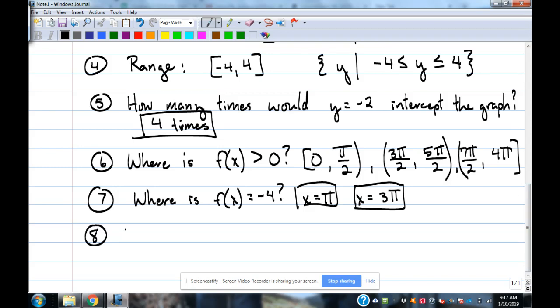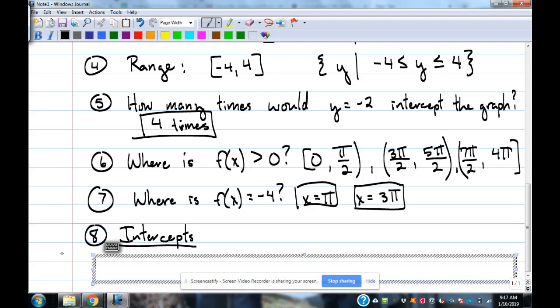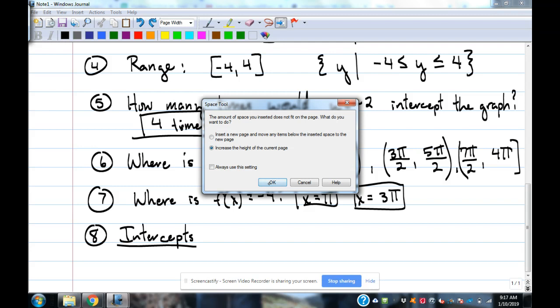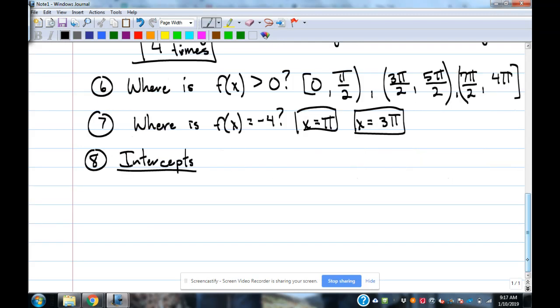Number 8. Let's talk about intercepts. What kind of intercepts do we have when we talk about functions? X and Y intercepts.